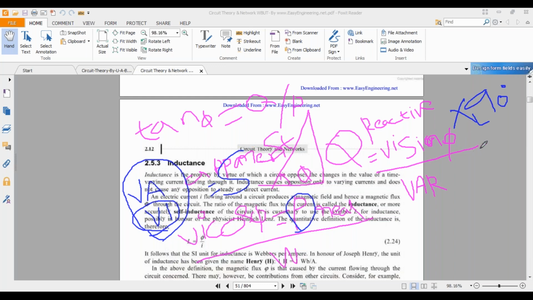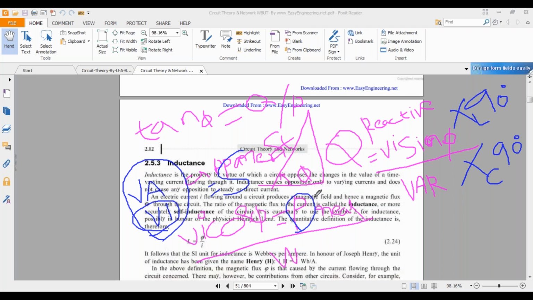Similarly for the case of a pure capacitance also, the phase angle between V and I is again equal to 90 degrees. So the active power in a pure capacitance is 0, but the reactive power in a pure capacitance is maximum. Because of this reason, while studying the basic properties of RLC in the first chapter, I took the fundamental rule that a resistance can consume power.